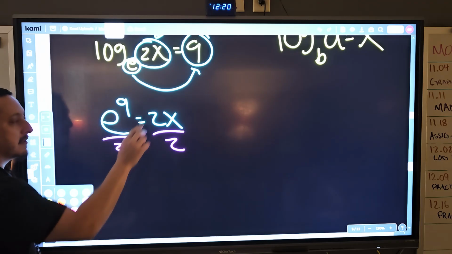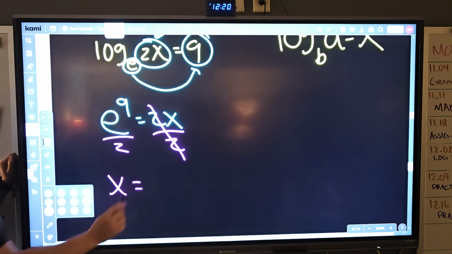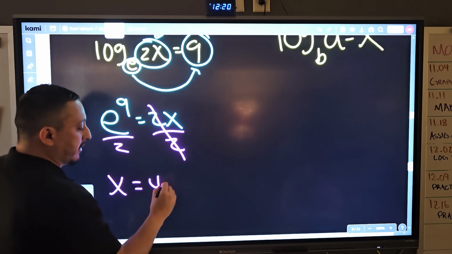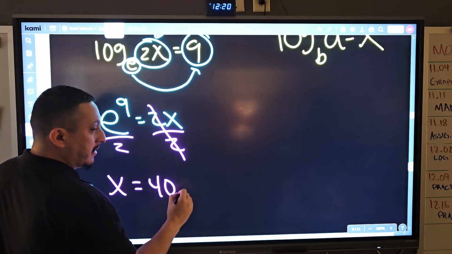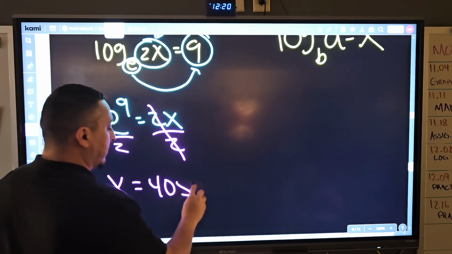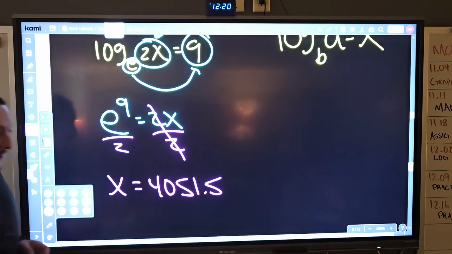And you get, I don't know, I think it's 1,000 or 2,000 or 4,000 or something like that. 4,000 after you divide it. Yeah, 4,000. I think it's 4,051.5 if I remember. Is it? 4,051. I have a good memory.